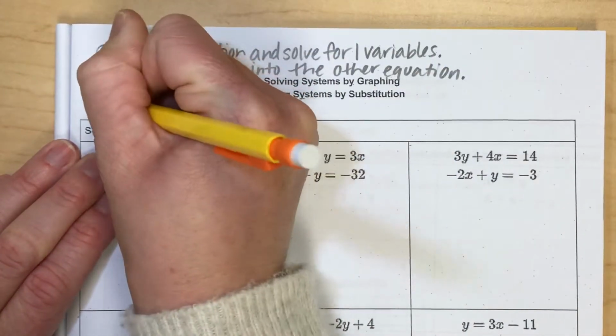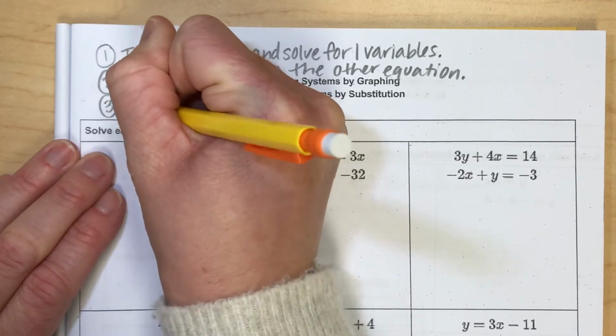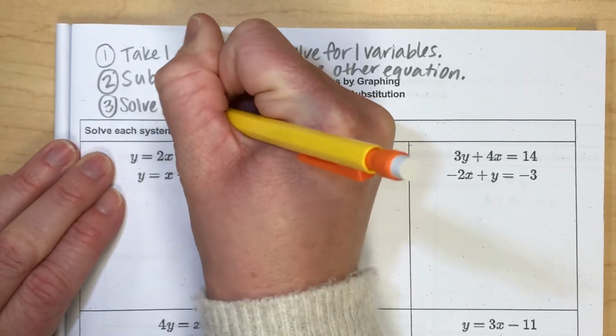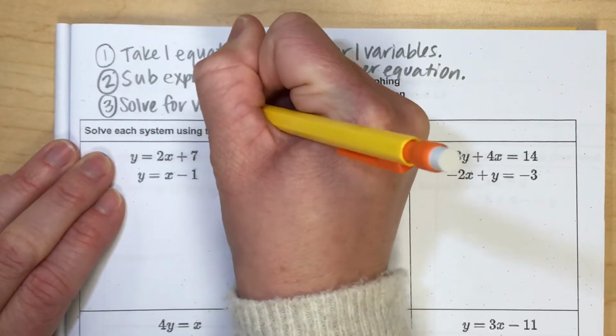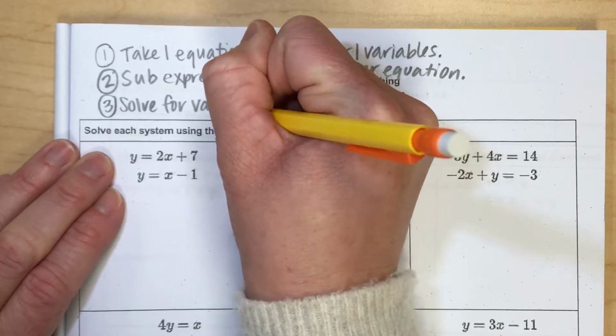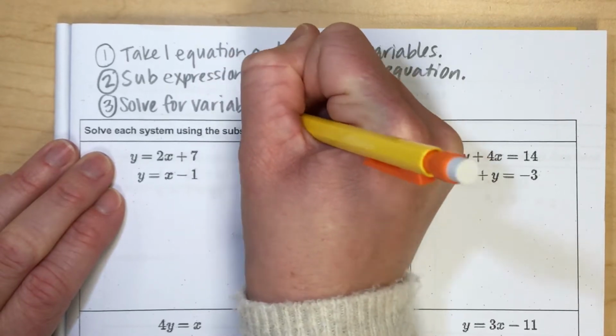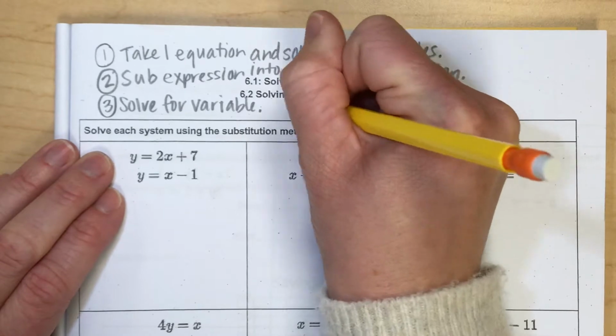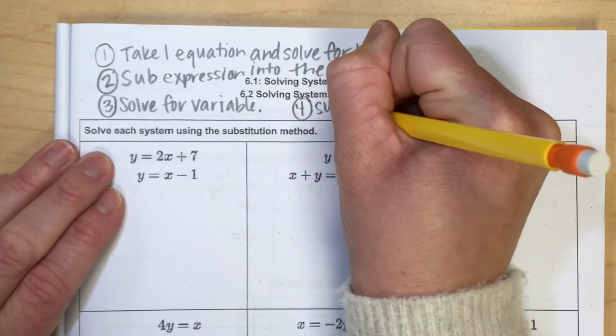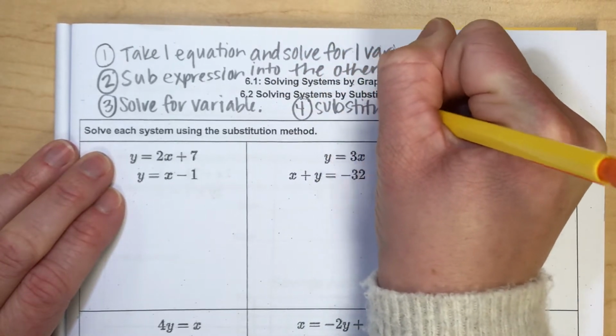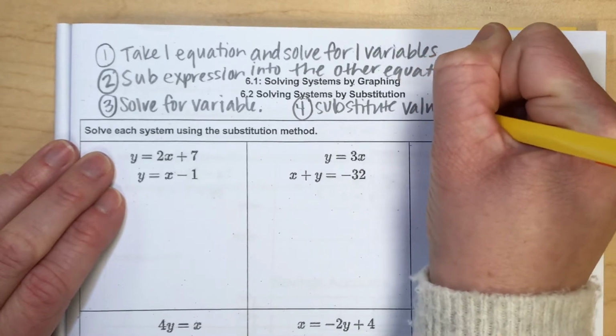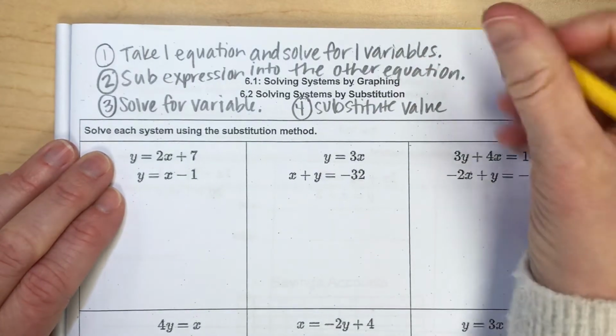And then what you're going to do is solve for that variable, and then number 4, substitute the value that you just found into either equation.